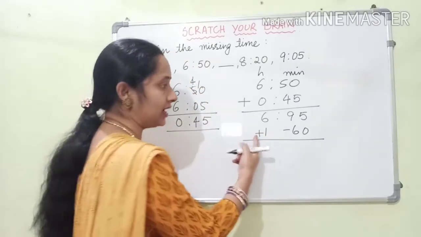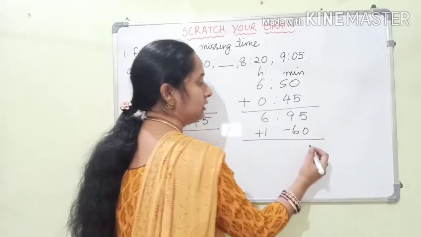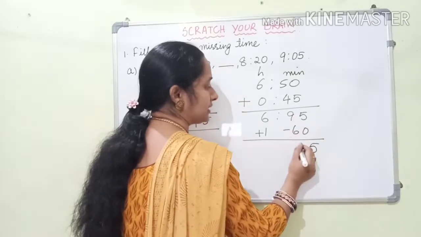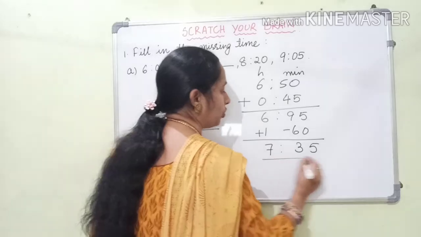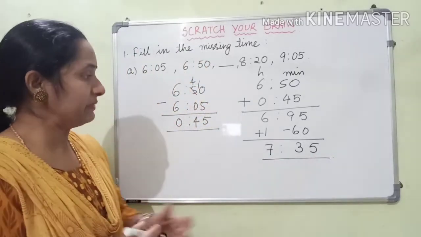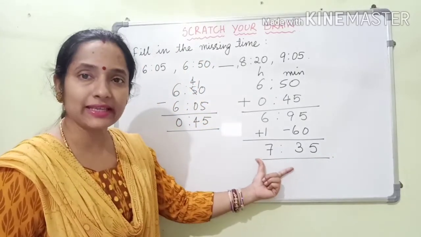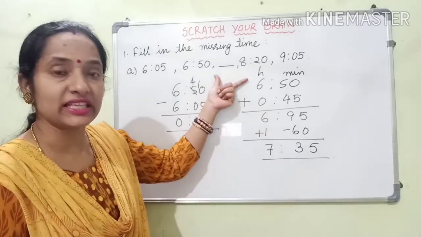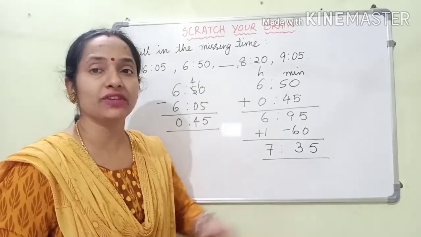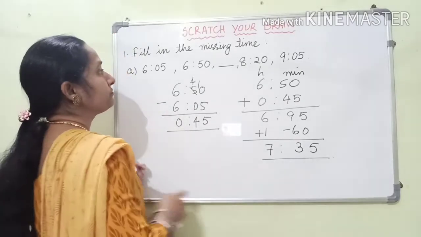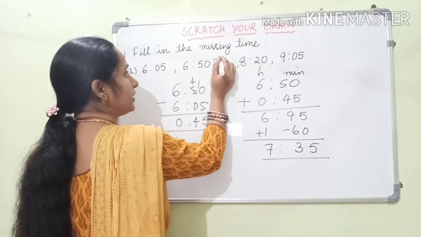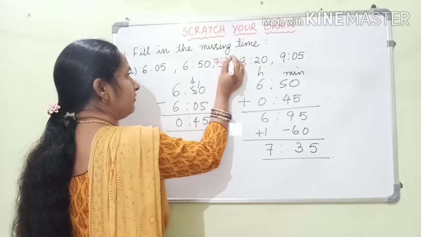So I will add it in the hours, but first of all let us subtract. 95 minus 60 is 35, 6 plus 1 is 7. So what is my missing time, children? My missing time of this given series is 7 hours 35 minutes. This means in the place of the missing time, I will write 7 hours 35 minutes.